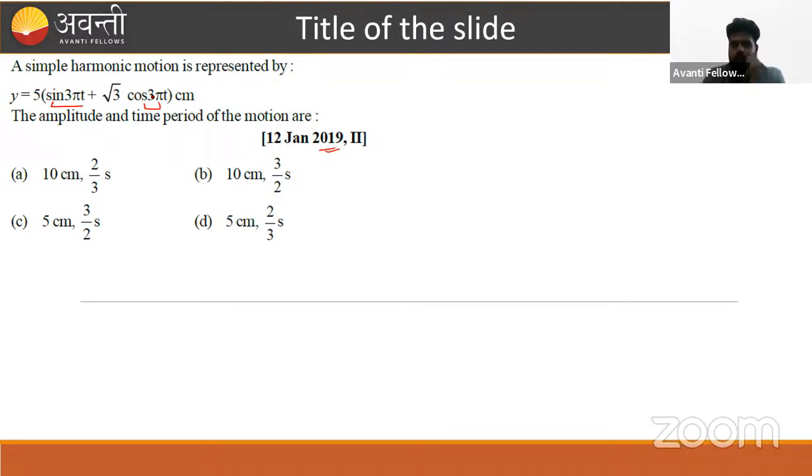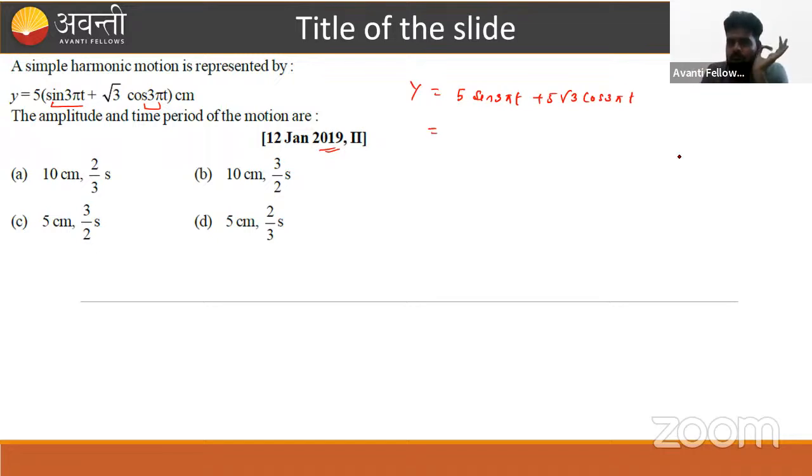Sir, there are two ways. First of all, we write the equation in a simple manner: 5 sin 3 pi t plus 5 root 3 cos 3 pi t. It's a simple funda that I want to share with you: try to convert both trigonometric functions into one term, either in sine or in cos.